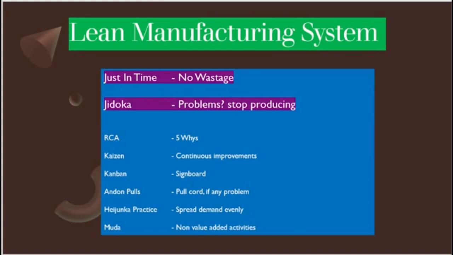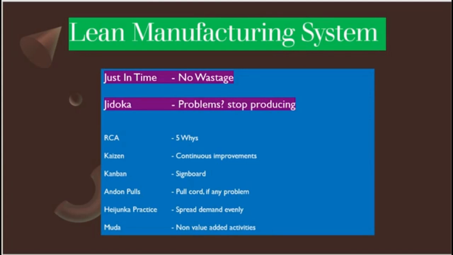So how do they fix the problem? They use RCA, which is root cause analysis, the 5 whys technique. This is one of the techniques they use, where they find the actual root cause of the problem by asking why 5 times. It doesn't always require asking why 5 times.